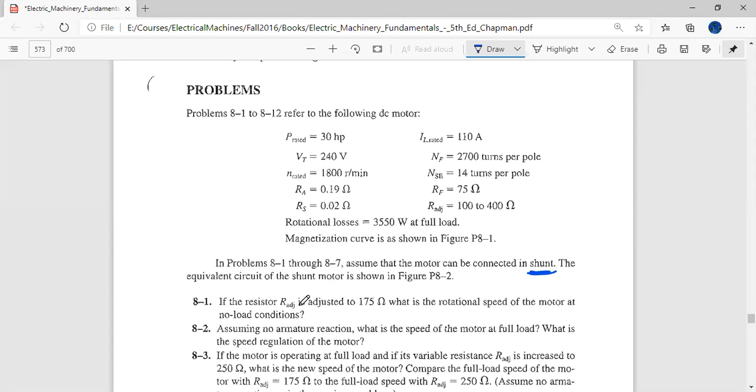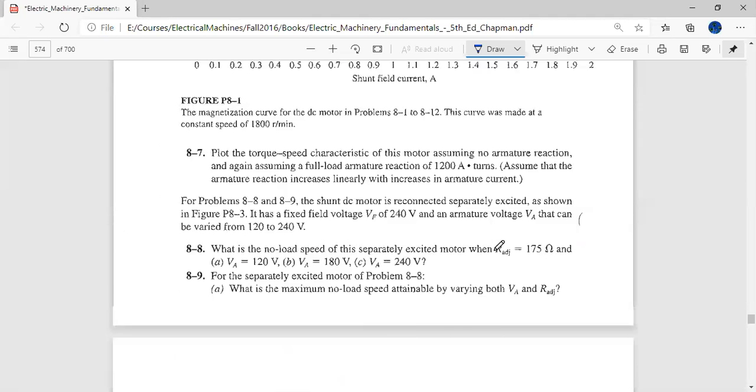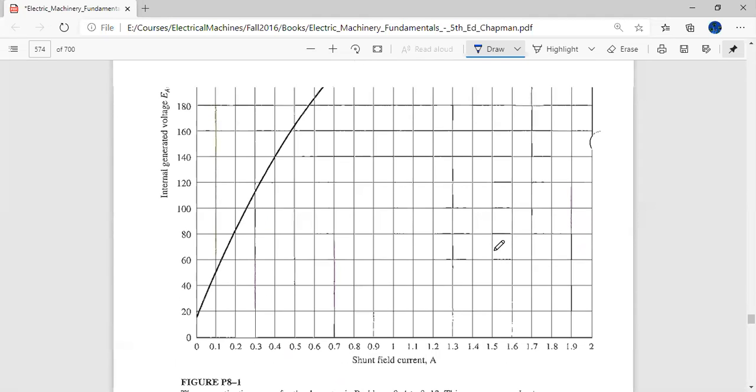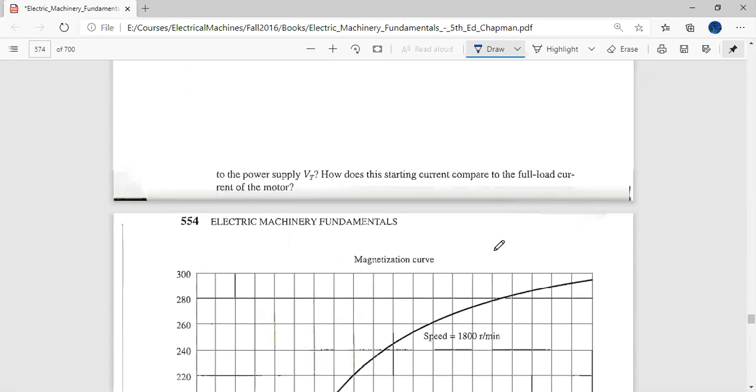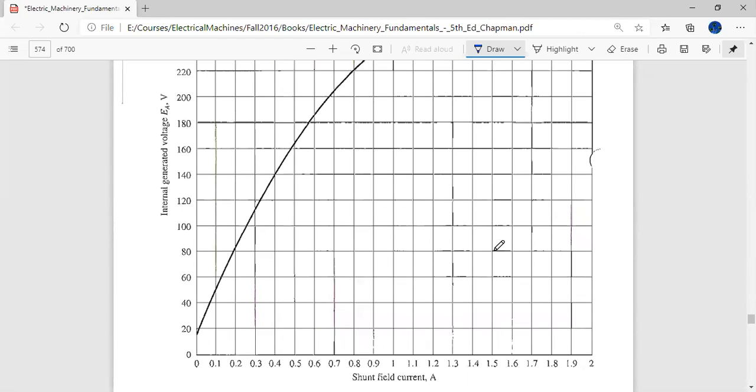Let's see. You have a magnetization curve shown in figure 8.1. So where is this figure 8.1? P 8.1. Okay, it's over here. This is for 1800 RPM, and on the x-axis you have the shunt field current IF.